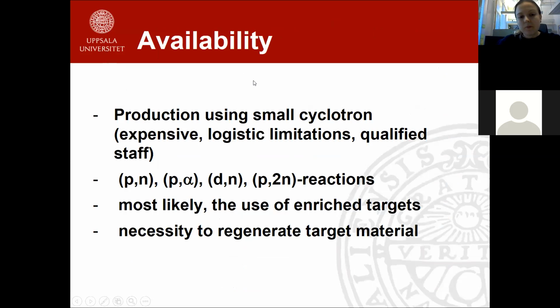Most of them have to be produced using cyclotrons, and cyclotrons are quite expensive to manage. You need quite good logistics and qualified staff, which is not available in every hospital in the world, so that puts a limitation. The use of enriched targets and the necessity to regenerate target material simply means that the cost of such production will be very, very high, which also limits the availability of the nuclides.